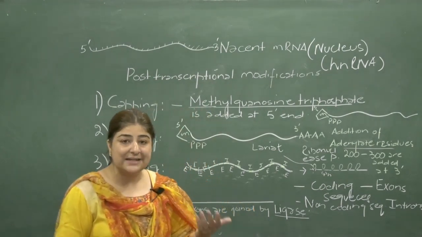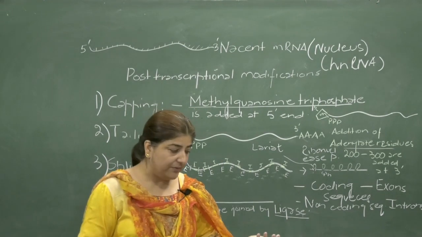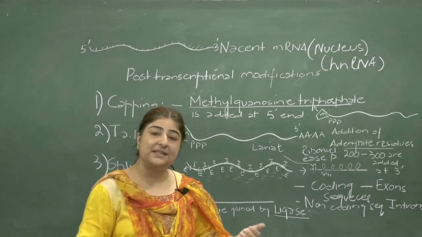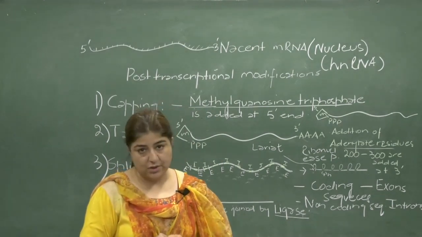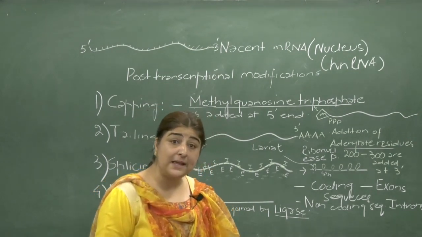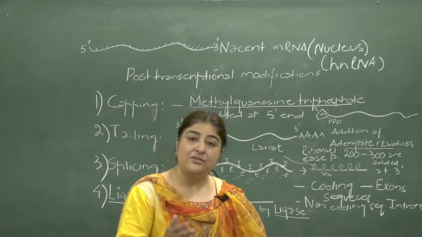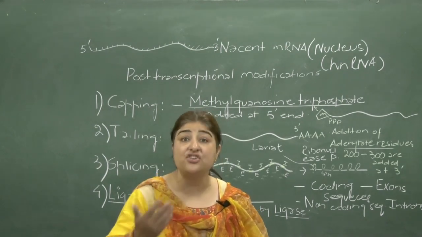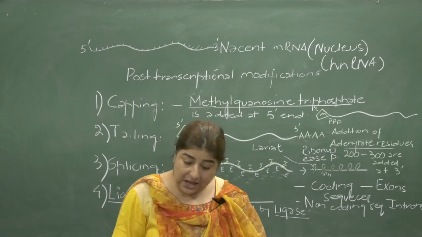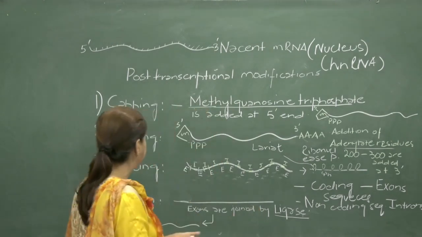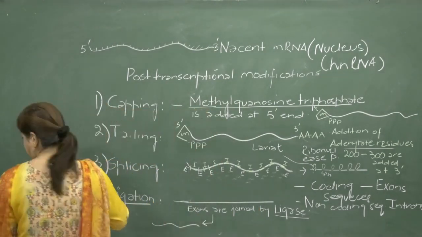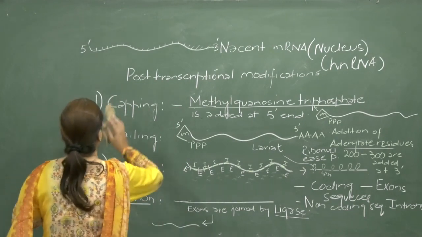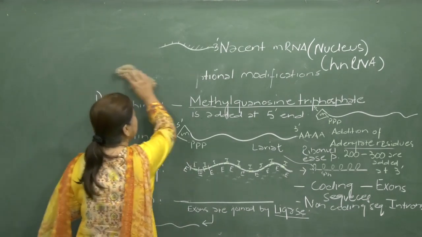Ligase facilitates the joining of the two exons. Once this ligation takes place, this nascent mRNA transcript becomes a functional mRNA transcript. Now this functional mRNA transcript moves from the nucleus to the cytoplasm.